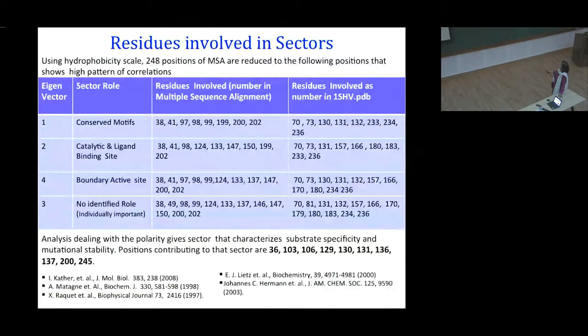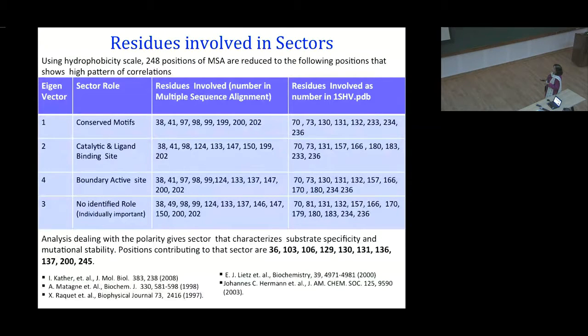And this is in the real space, one of the enzymes, beta-lactamase. And if you go to the literature and find the experiments, you find that this corresponds to the conserved motifs. Similarly, you can do the eigenvector 2, and you find very nice correspondence with experiments.